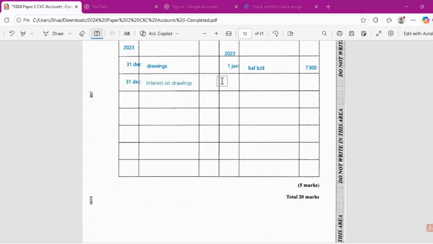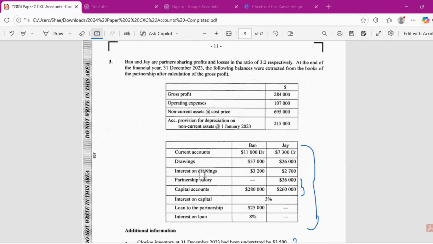So the drawings for 26,000 goes on his debit side as well as the interest on drawings of 2,700. On the credit side, we're putting everything else. So just refresh your memory of what else is there. So we have interest on drawings already, and we have drawings, and we also have his current account balance.